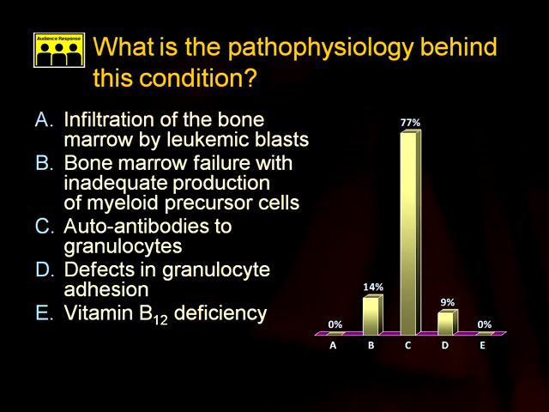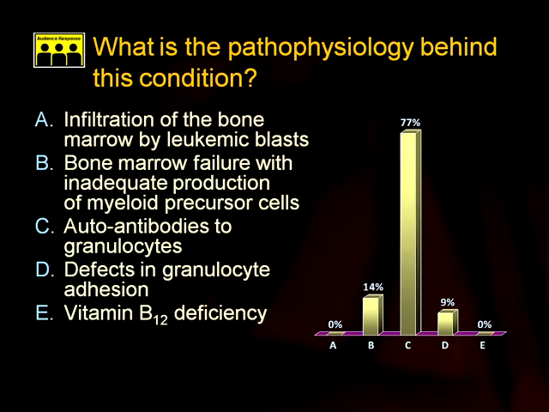We don't have infiltration of the bone marrow by leukemic blasts, right? The report even told us that. We don't have bone marrow failure because remember we had normal granulocytes, normal maturing trilineage precursors. So the bone marrow is working just fine. In bone marrow failure, you're going to see hypocellularity and you're going to see things that aren't progressing, okay?